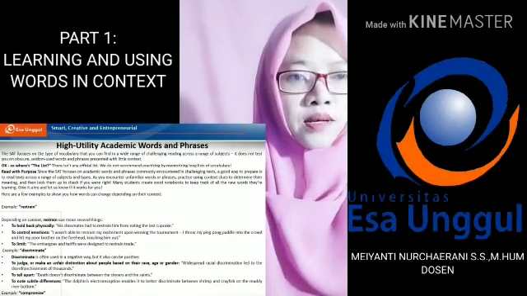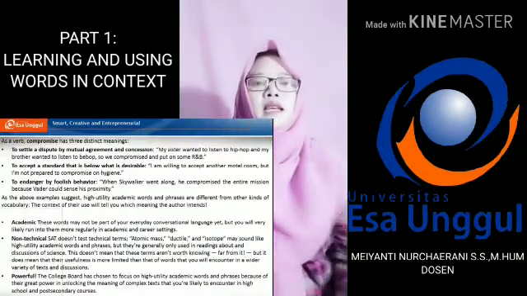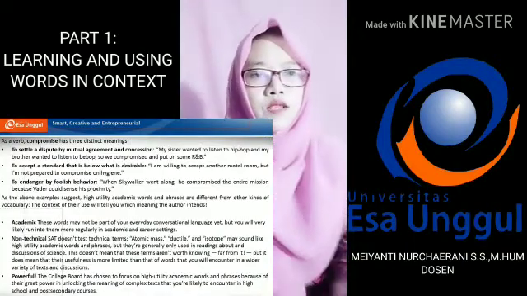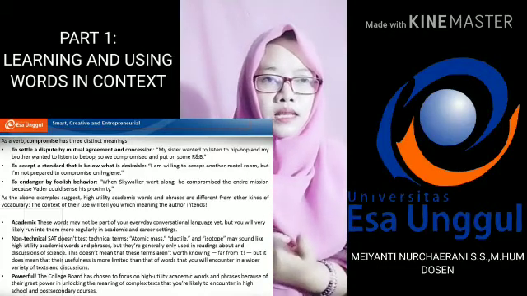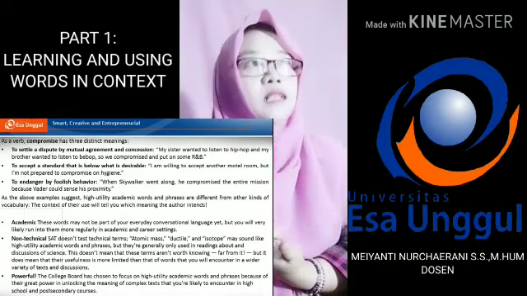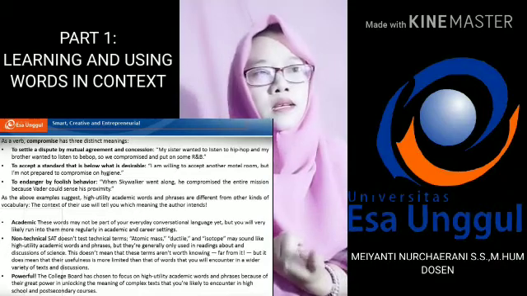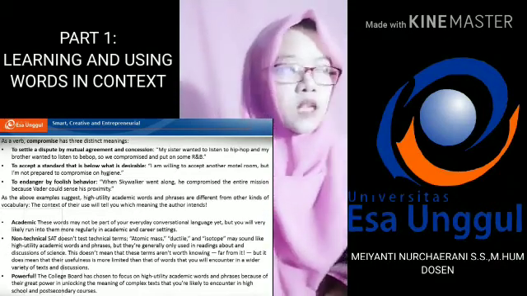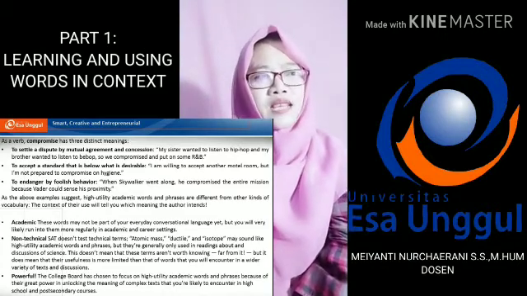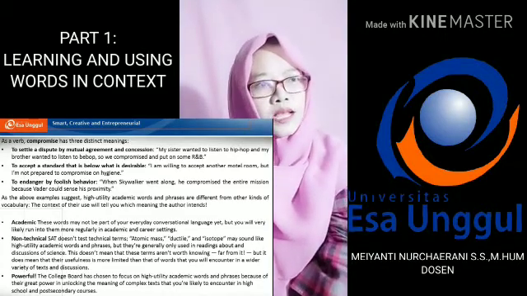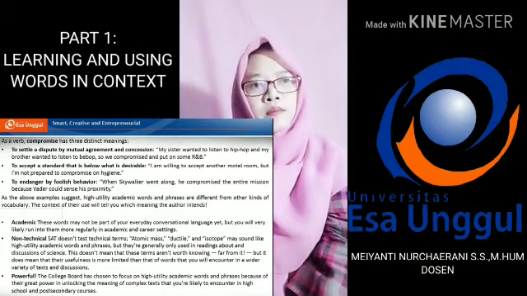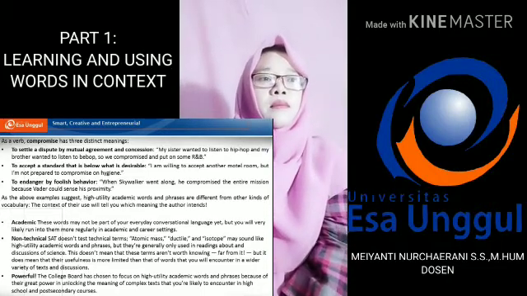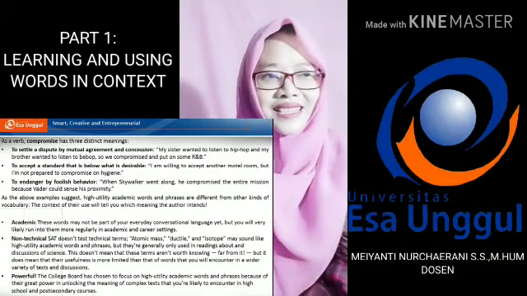Next, compromise. As a verb, compromise has three distinct meanings. The first one, to settle a dispute by mutual agreement and concession. This is the example: my sister wants to listen to hip hop and my brother wants to listen to bebop, so we compromise and put on some R&B.